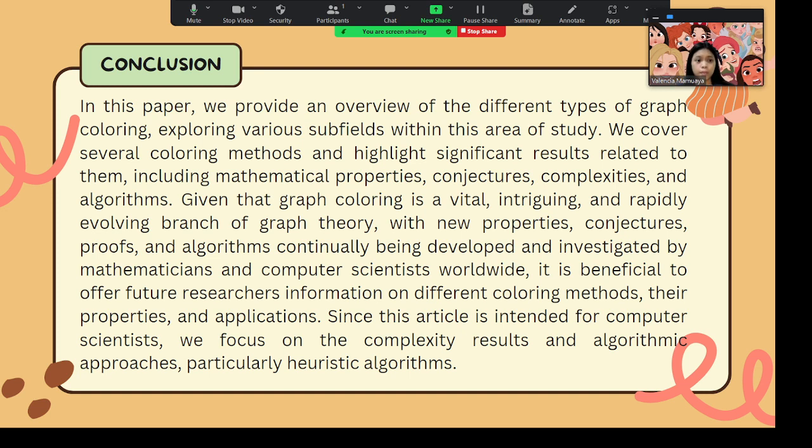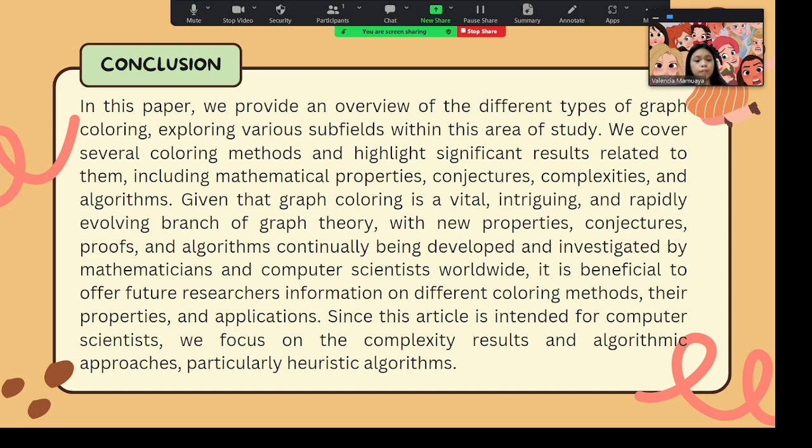Graph coloring is a vital, intriguing, and rapidly evolving branch of graph theory, with new properties, conjectures, proofs, and algorithms continually being developed and investigated by mathematicians and computer scientists worldwide.